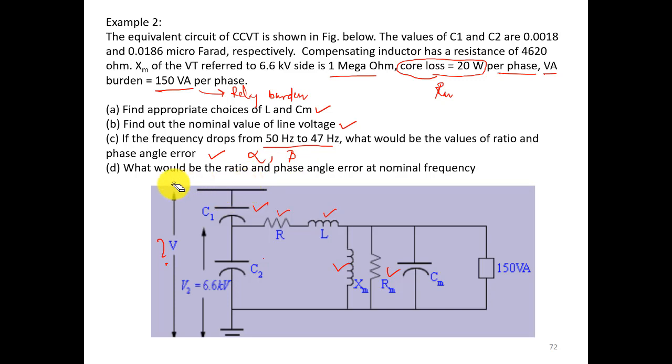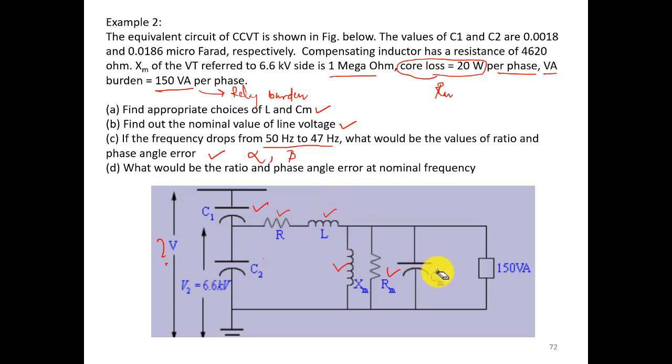Then the fourth question is what would be the ratio and phase angle error at the nominal frequency? Let us see this. All these quantities are really compensating the values of the resistance and reactance, because of the compensating capacitance and the compensating reactor here.